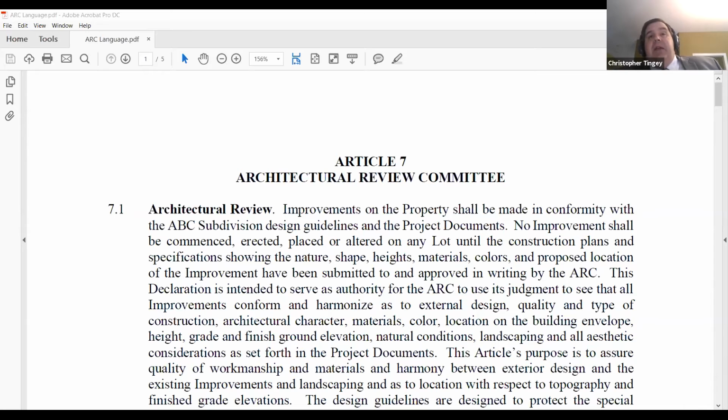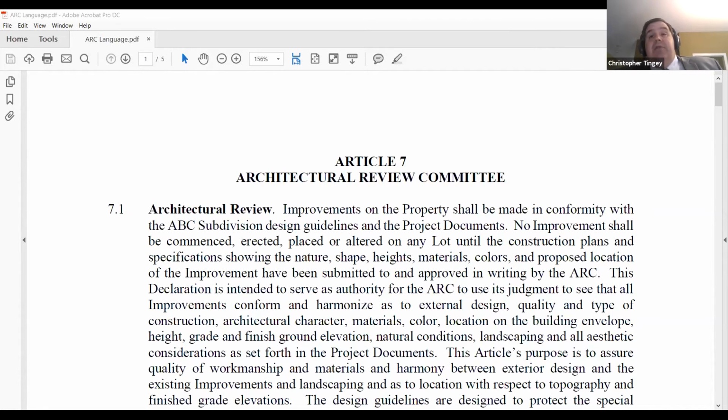Now, many ARC provisions have something like this, which says after you've received all the materials, you have 30 or 60 or 45, I've even seen as few as 15 calendar days to approve it.